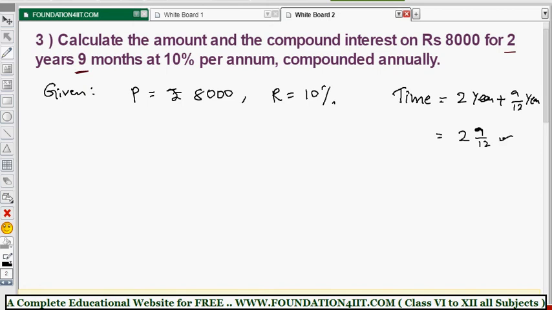Now when you apply the formula, the amount is equal to, this formula also you have seen, P into 1 plus R by 100 all to the power n. So first n is for 2 years, because 2 years is fixed, into again 1 plus R by 100, next is 9 by 12.